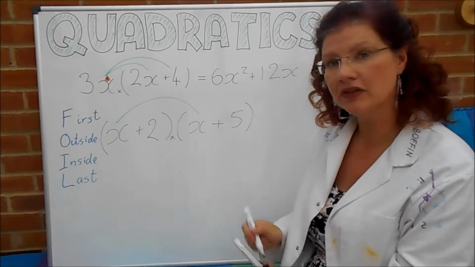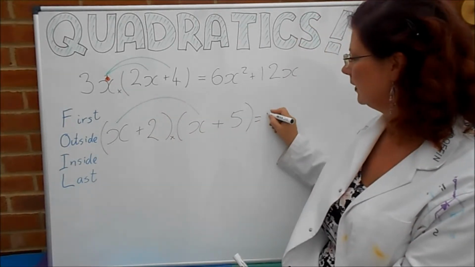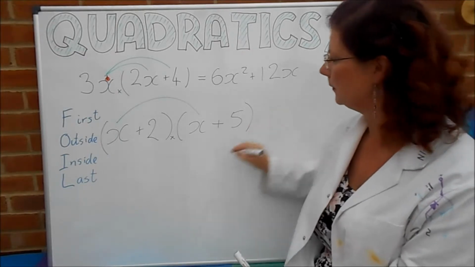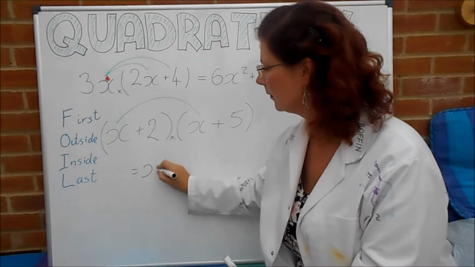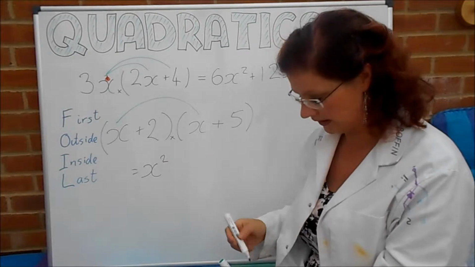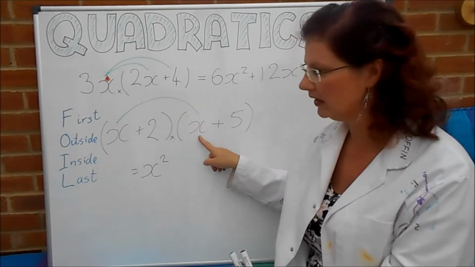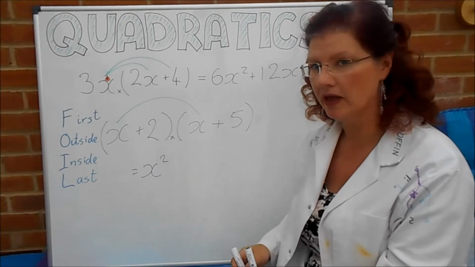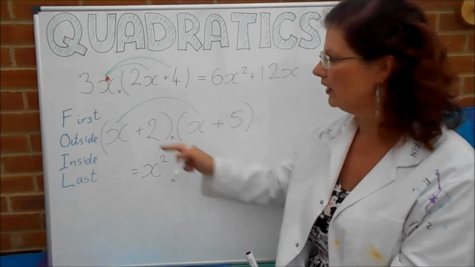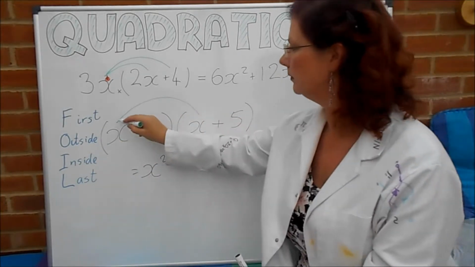So that's x times x. Actually, I'll write it underneath. That's x squared. First thing in this bracket times the first thing in this bracket, x times x, x squared. Then it's O, the outside thing, so that's the ones on the edge.